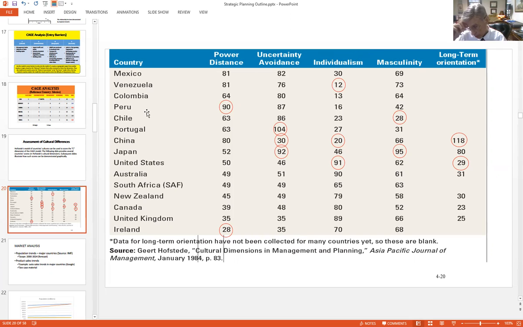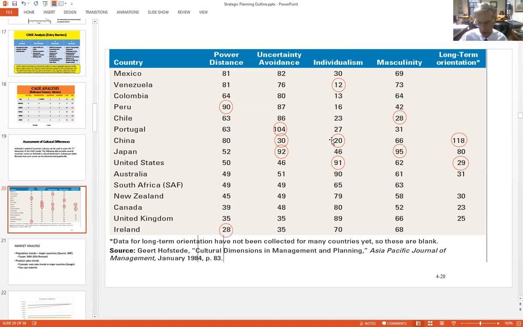So this is a very valuable resource. Why is it so valuable? Well, let's take a look at China. First of all, let's take a look at individualism. Individualism is rated a 20, meaning collectivism is an 80.